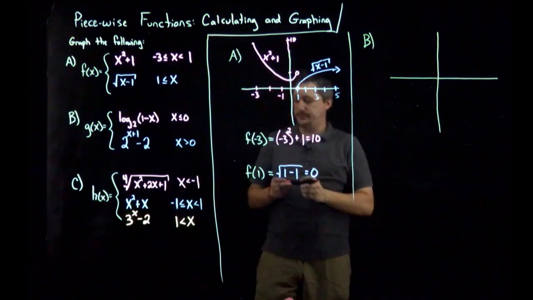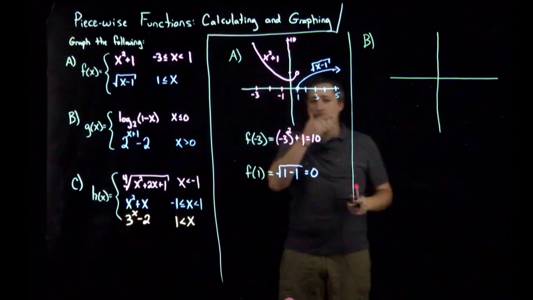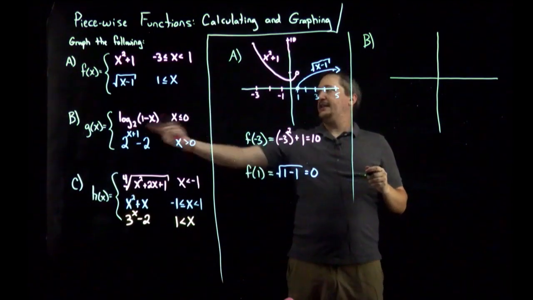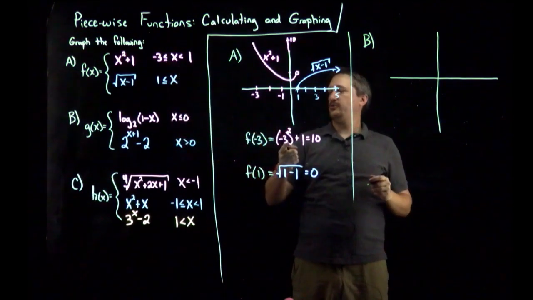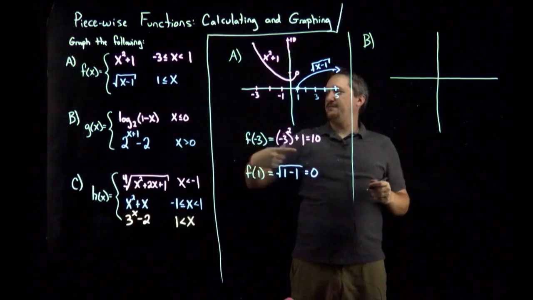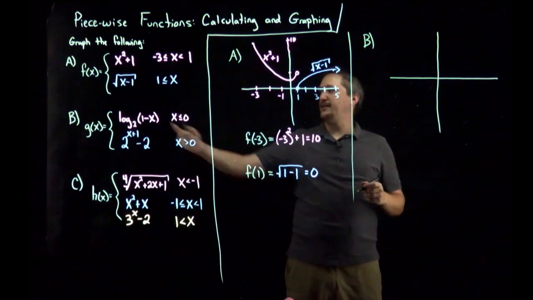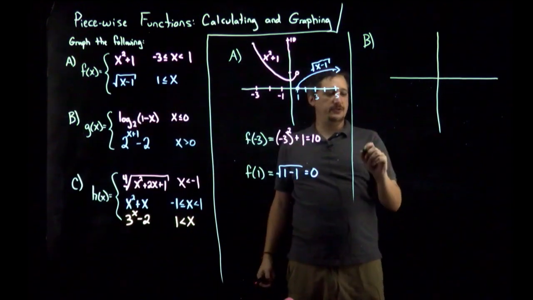So starting out, I don't have any leftmost point to check, which is what I did first. I don't have any rightmost point to check either. What I really have is the transition point. So I'm going to evaluate the g of 0.